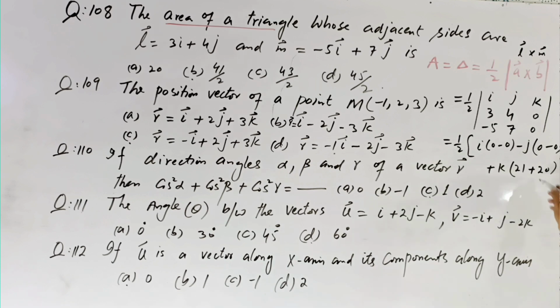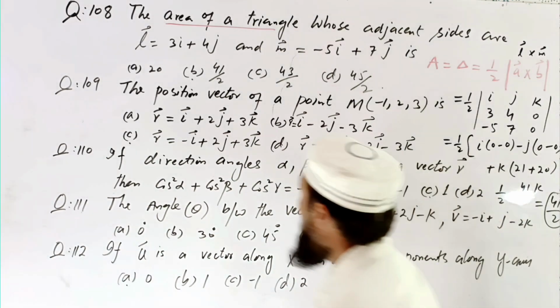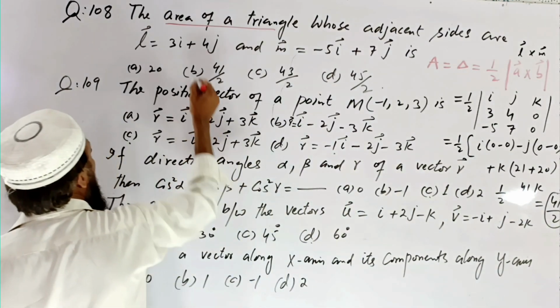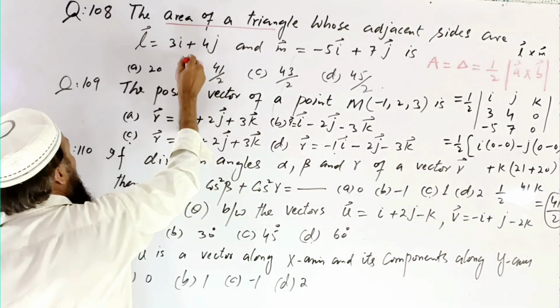So the result will be that all are 0, and we get 41k. So the result of the area is 41 divided by 2. The correct option is B.